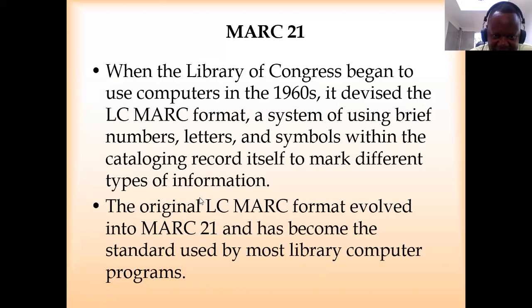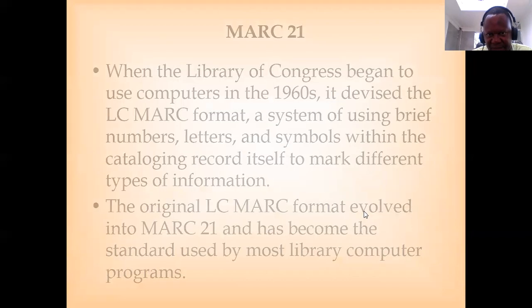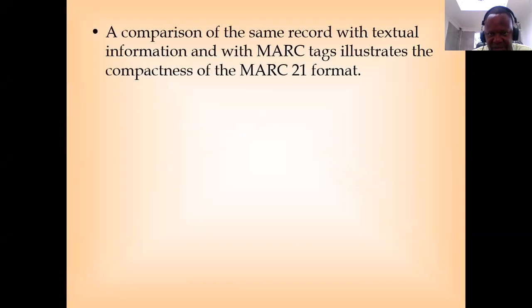So whatever was Library of Congress now is what we use as MARC 21, and it is the standard used by most library computer programs. And that is what we need to understand when we start cataloging online.